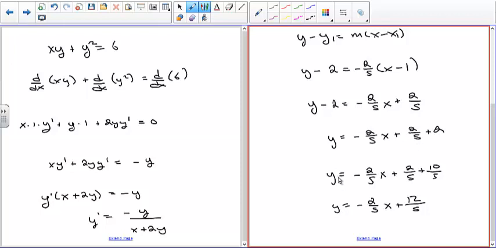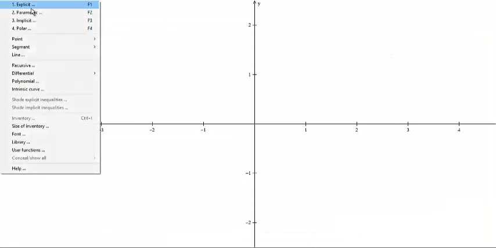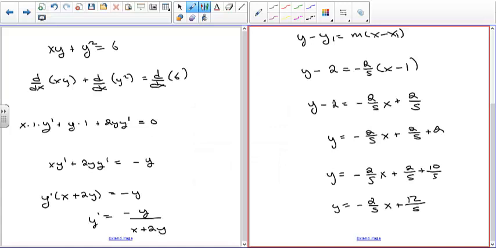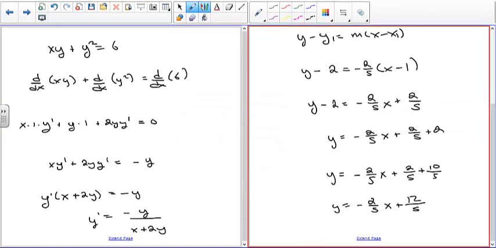What we're going to do is plot this function, which I have plotted before and it does work. So we go to the equation, implicit, and the function is xy plus y squared equals 6.